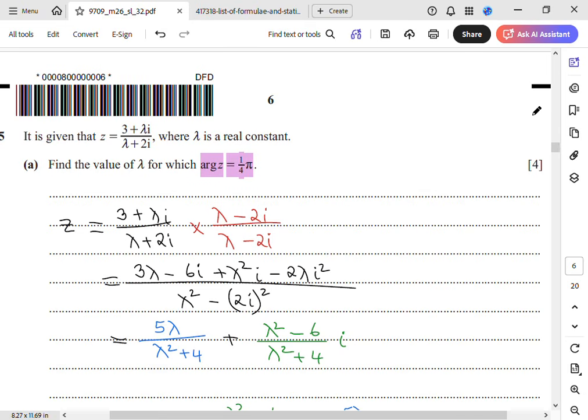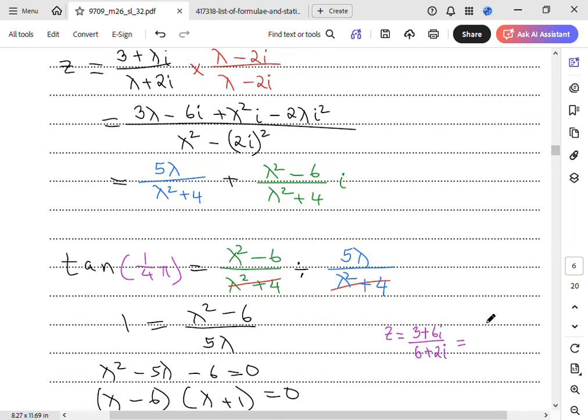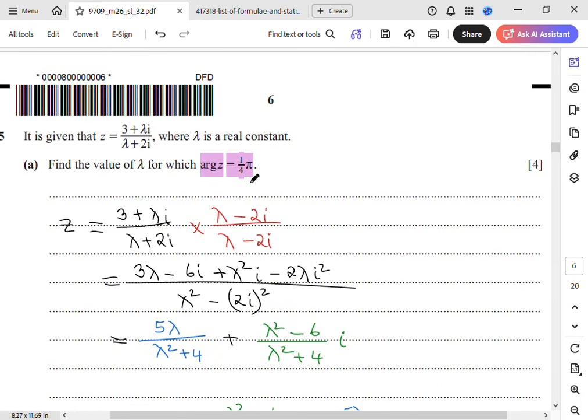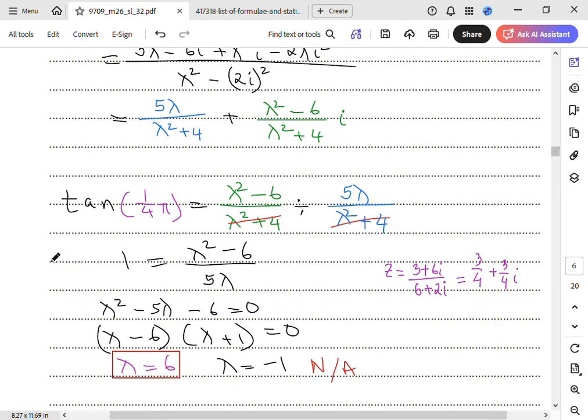If you simplify this, you get 3/4 plus 3/4 i. Now this seems good because it is in the first quadrant. According to the question, the argument of z is 1/4 of pi, so that's in the first quadrant. Let's try with the other value.